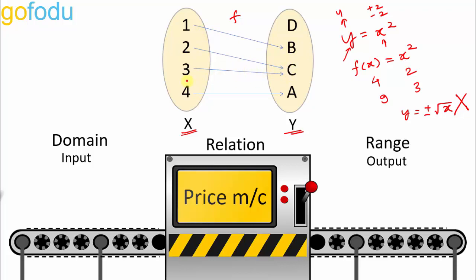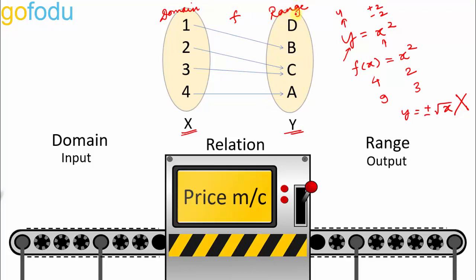There can be two values of x giving the same value of y, or for one value of y there can be two values of x. This is allowed. Now all these values that x can take, this set of values is called the domain of the function, and all these values that y gives out, this set is called the range of the function.